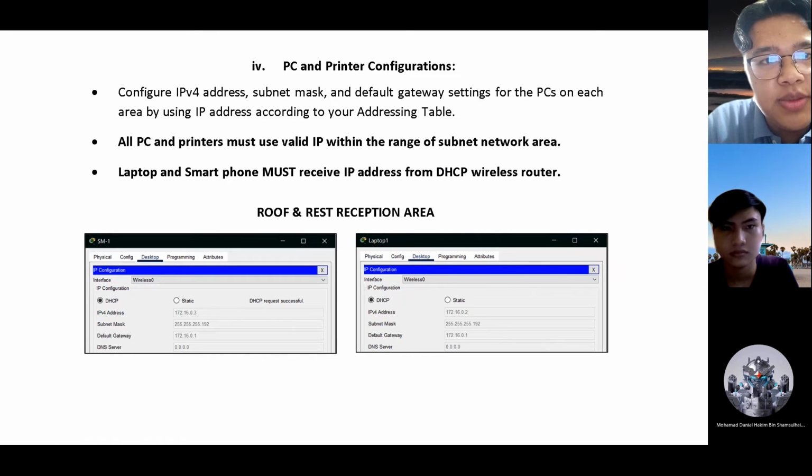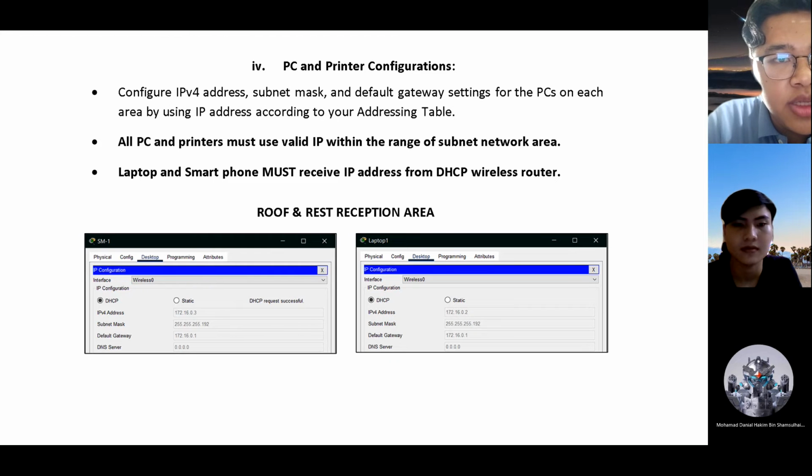And fourth is PC and printer configurations. First, configure IPv4 address, subnet mask, and default gateway settings for the PCs on each area by using IP address according to the addressing table. And then all PC and printers must use valid IP within the range of subnet network area. And lastly, laptop and smartphone must receive IP address from the DHCP wireless router.